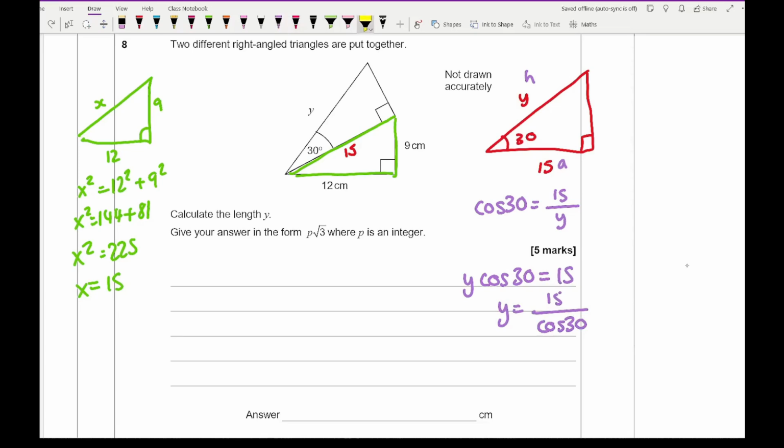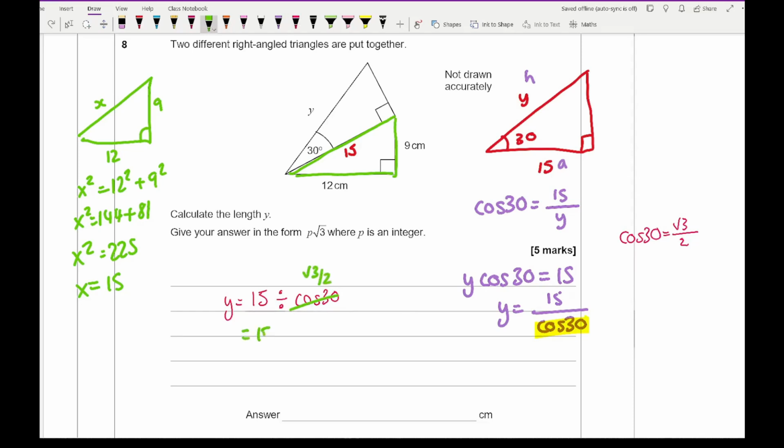Now cos 30 is an exact value trig that I need to know, and cos 30 is root 3 over 2. So taking y here, and again excuse my lack of presentation, that's 15 divided by cos 30, which, instead of using cos 30, I use root 3 over 2.